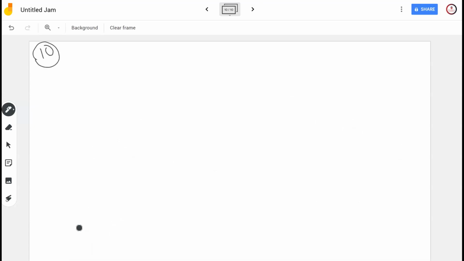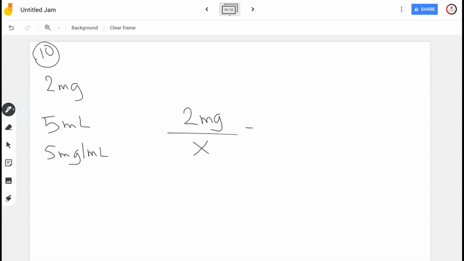Question number 10. Your patient above is not tolerating the situation very well, so you think that she should just forget the entire ordeal. So you decide to give her 2 milligrams of Versed. You're very, very kind today. How many milliliters would you draw up from a 5 milliliter syringe or vial that is 5 milligrams per ml? So you want 2 milligrams. You want to know how many milliliters.